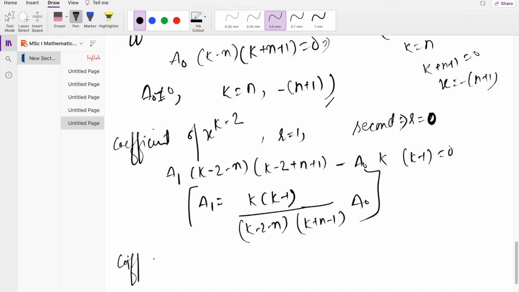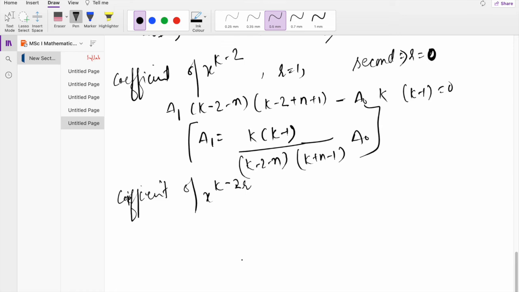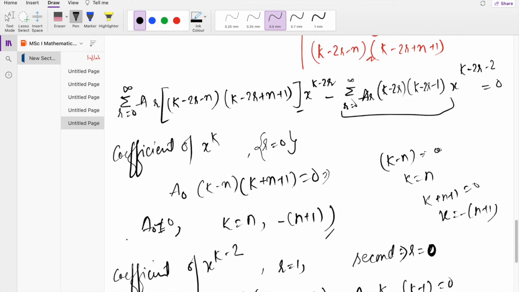Now the coefficient for the general term, the coefficient of x to the power k minus 2r. If I need to calculate k minus 2r, the first term is as it is, and for the second term I need to put r equals r minus 1.